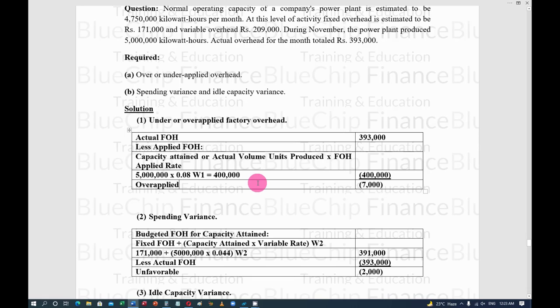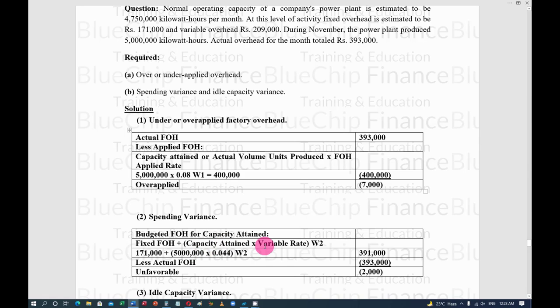So the next thing is spending variance. Spending variance is equal to budgeted FOH for capacity attained less actual FOH. Budgeted FOH for capacity attained is always equal to budgeted fixed FOH plus capacity attained multiplied by variable rate.